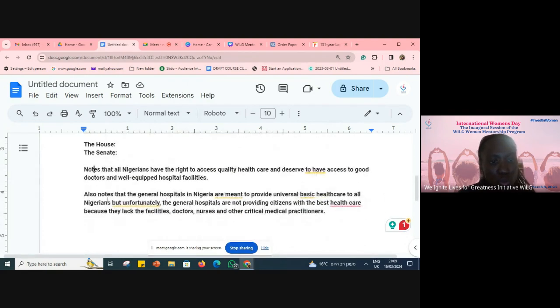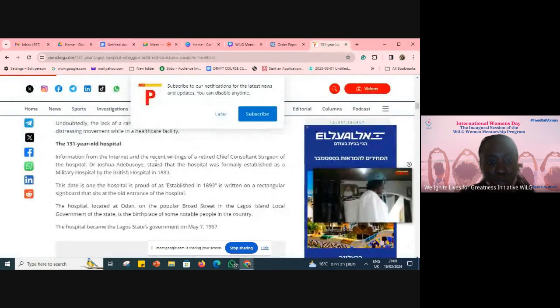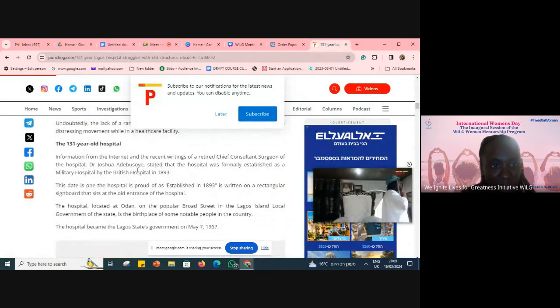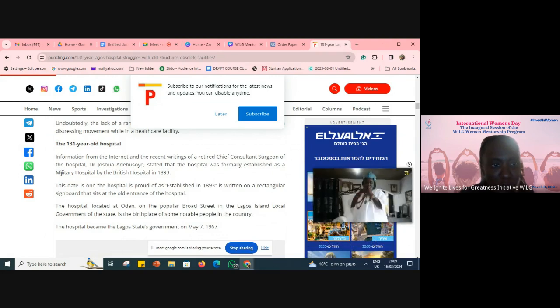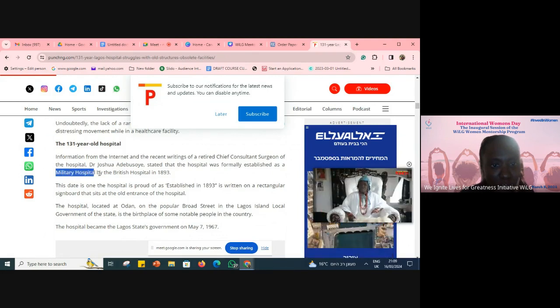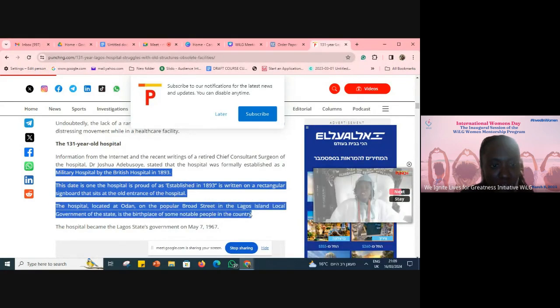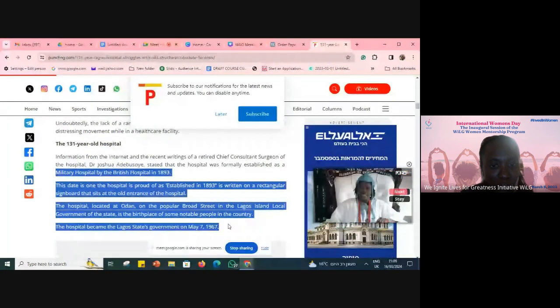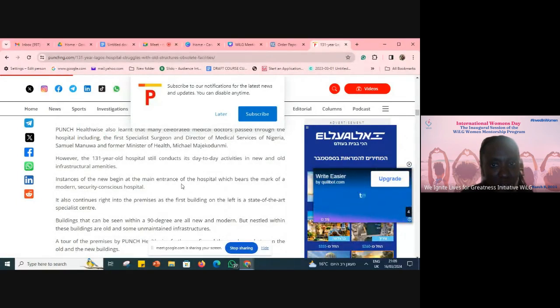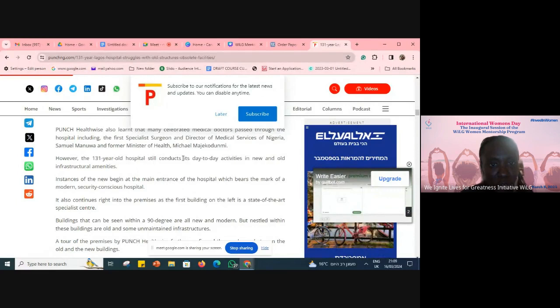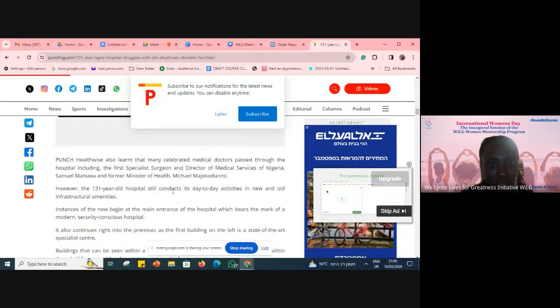Notes, also notes, right? So I was going to go and capture an example. So you're trying to show them an example. This hospital was built in, the hospital still conducts its day-to-day services in old amenities.